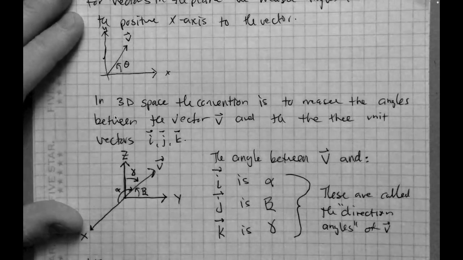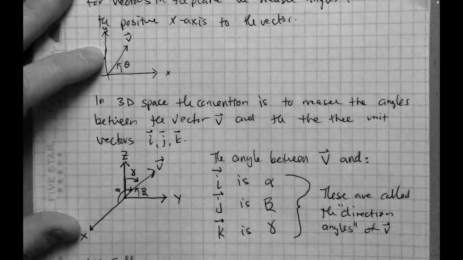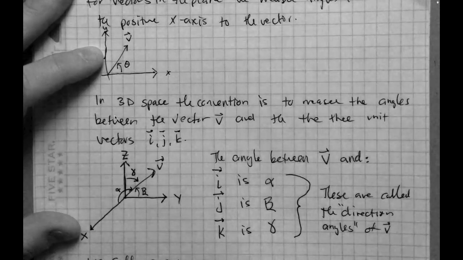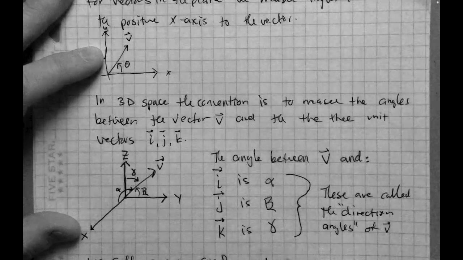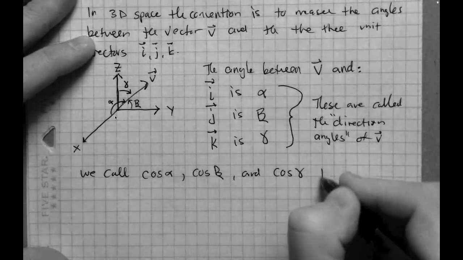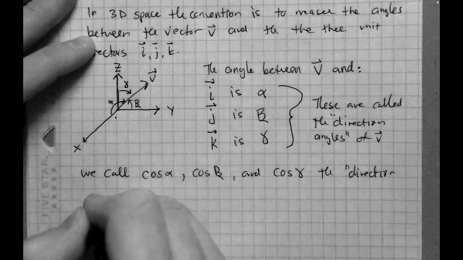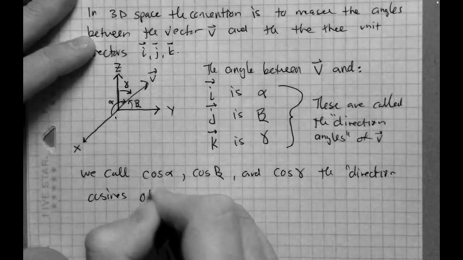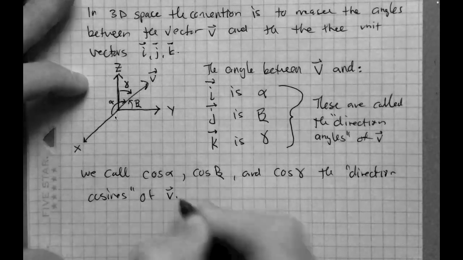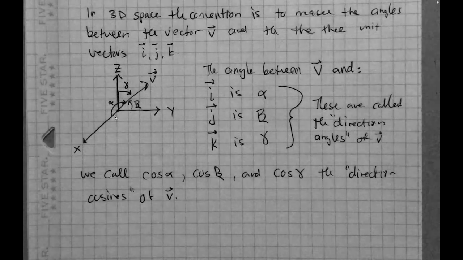We call the cosines of these 3 angles, cosine of alpha, cosine of beta, and cosine of gamma, the direction cosines of the vector v. This will all come into play quickly.